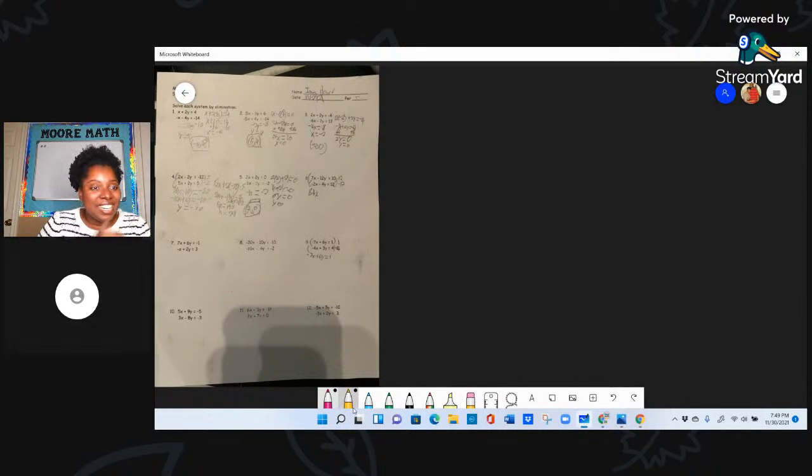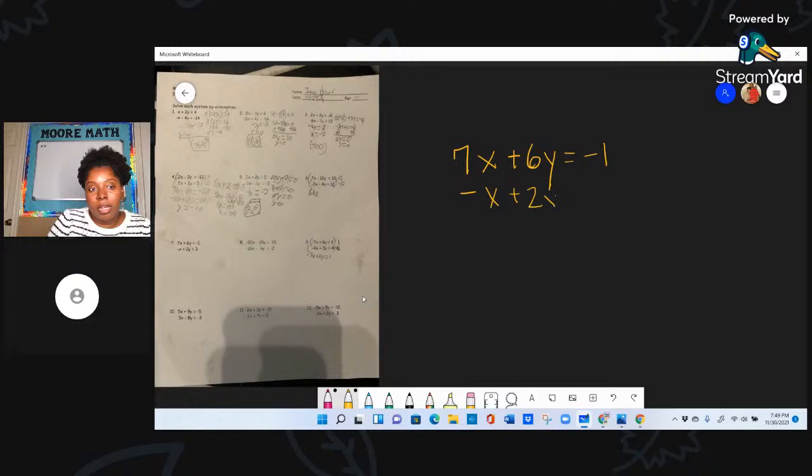Let's try this one. Okay, yeah, you're going to have to 7x plus 6y equals negative 1. Negative x plus 2y equals 3. Okay.